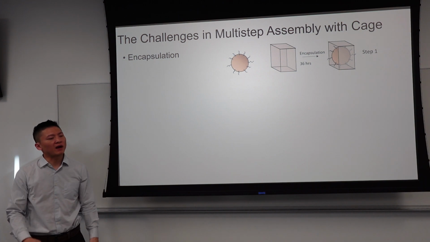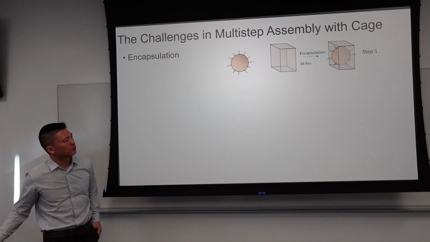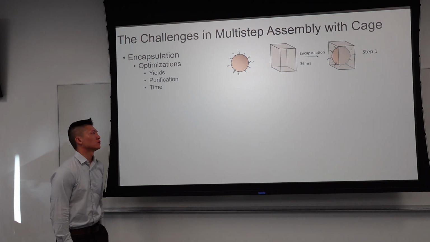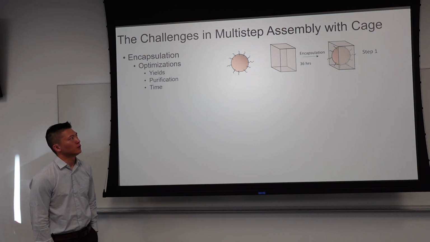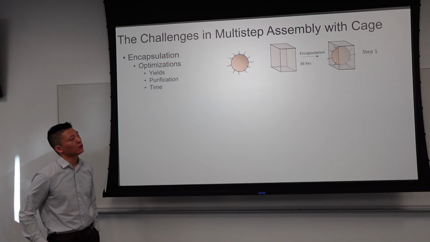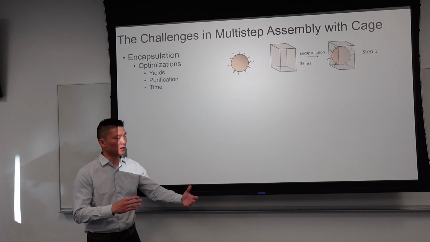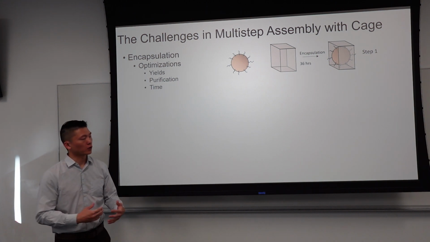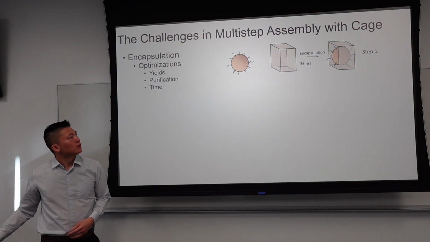Mainly, we didn't have a method to study optimization conditions for better yields, as well as optimizing purification methods, and also trying to reduce time. The 36 hours I put here is the annealing time that is required in the current protocol for the encapsulation of a nanoparticle.